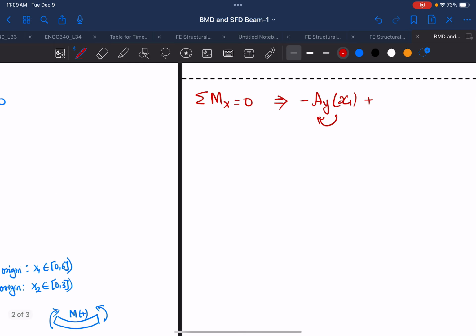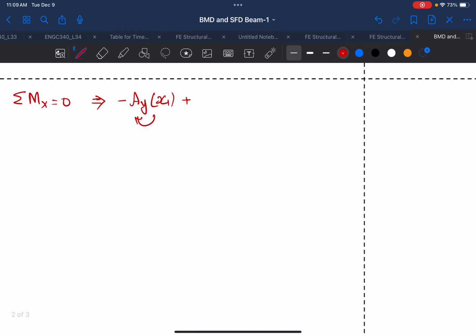So what we need is the area of the load distribution, which is a triangle, half base into height, and the arm or perpendicular distance, because it is closer to the highest length, will be x1 over 3, plus, we remember that we have also a moment applied at the cut section, so that moment also needs to be considered, equal to 0.